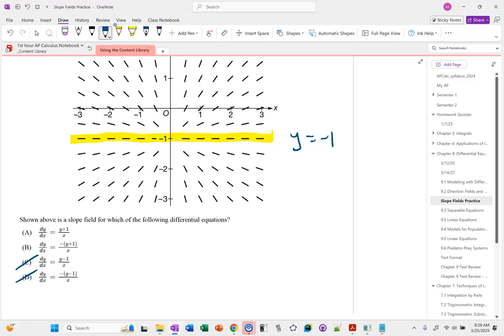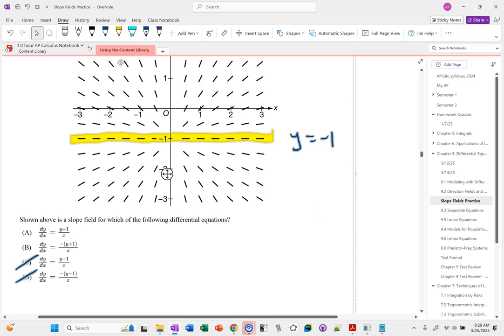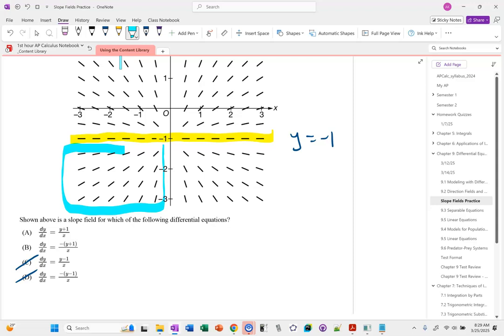Well, let's pick a region from the graph where the slope is all either positive or negative. So maybe I just pick this one. There, the slope is positive. Everybody agree? The x value is negative, and the y value is less than -1.